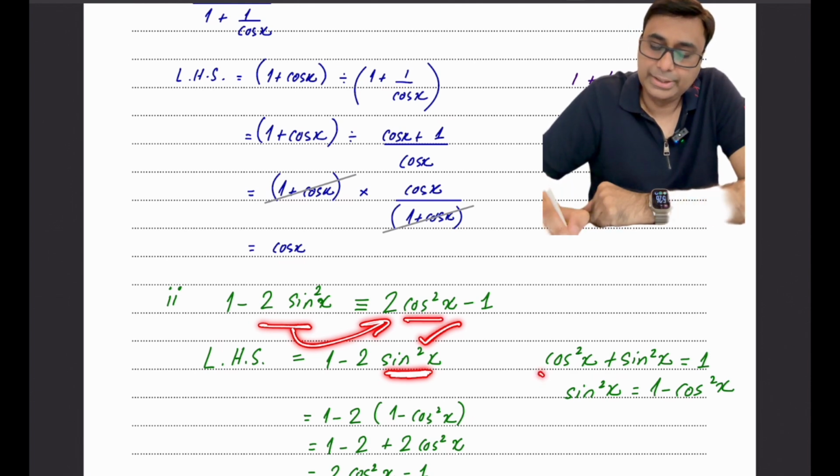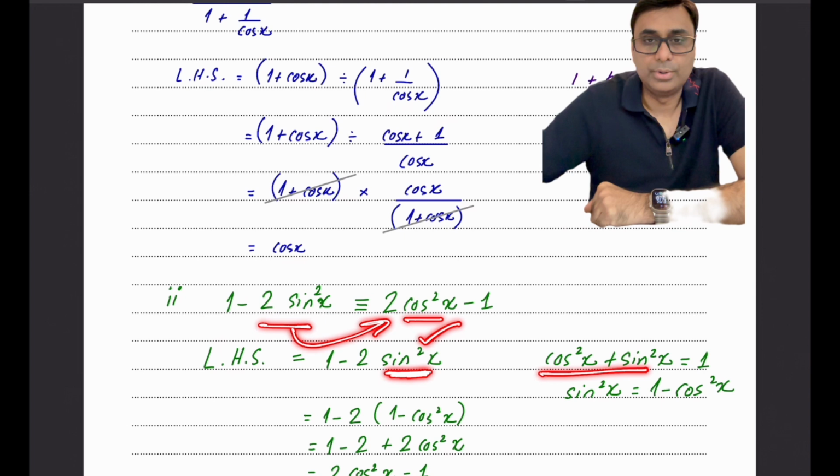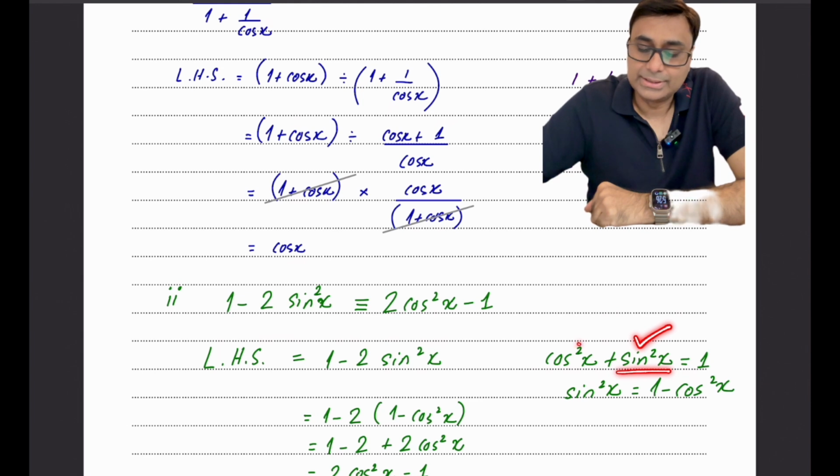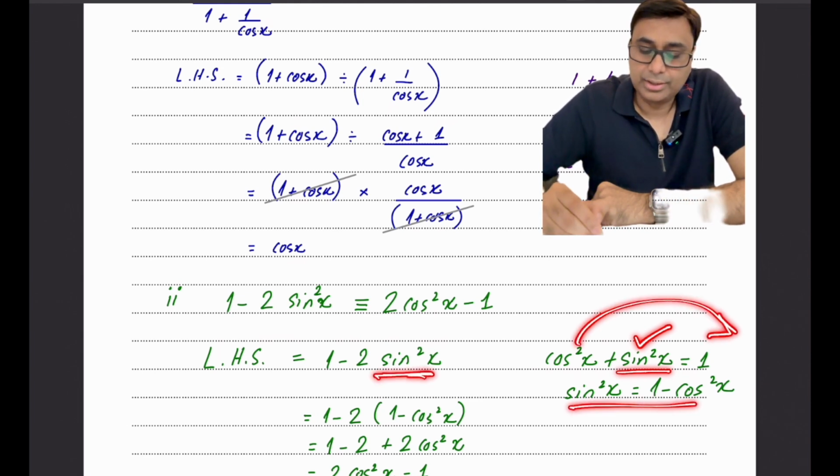So I look back at the identities or formulas I have, and I know that the formula I can use directly is cos square x plus sine square x is equal to 1. Since I have to replace sine square x, I can say that sine square x is equal to 1 minus cos square x. And once I do that, I can replace it by 1 minus cos square x.